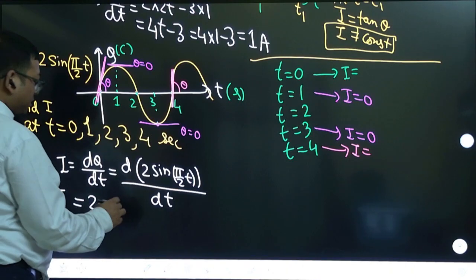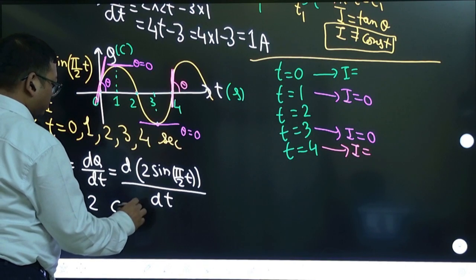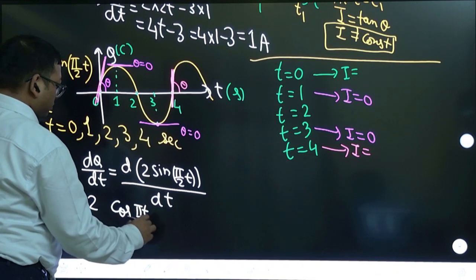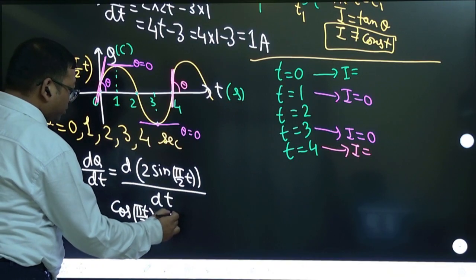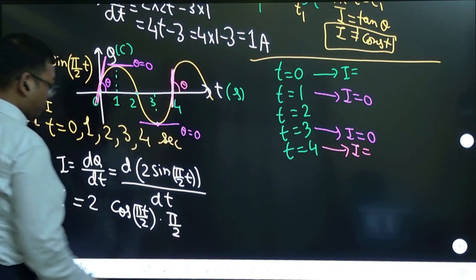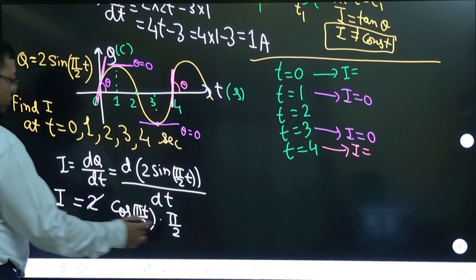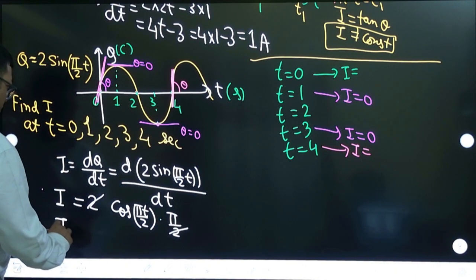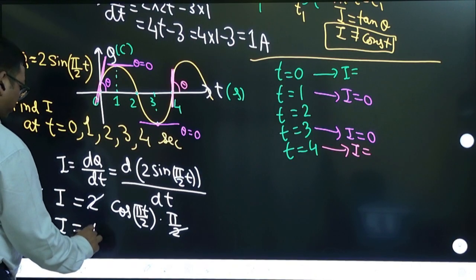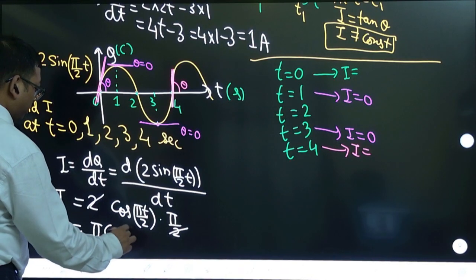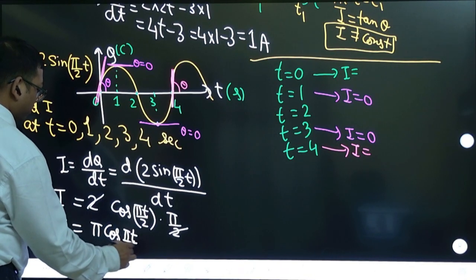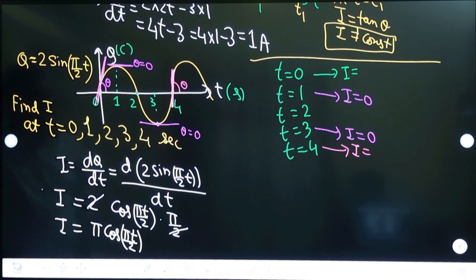Then sine differentiation will become cos. And the coefficient comes out because of internal differentiation. Then this 2 will get cancelled. Current will come as pi into cos of pi t by 2. Okay, this is the current.